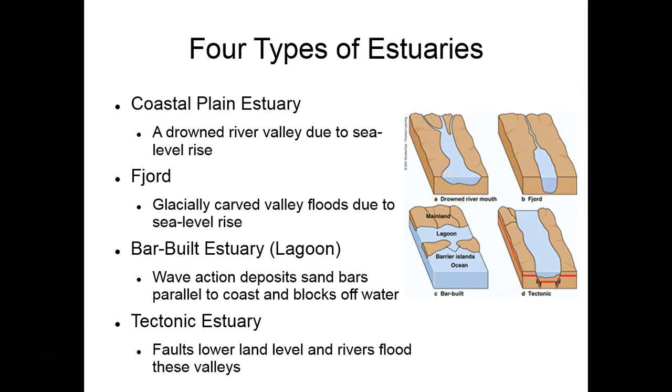And then you have tectonic estuaries, which occur because the tectonic activity is actually lowering the land level, and when that land level lowers, the rivers that are coming from that area flood the valleys, and also the sea level is coming in and flooding the valley as well.